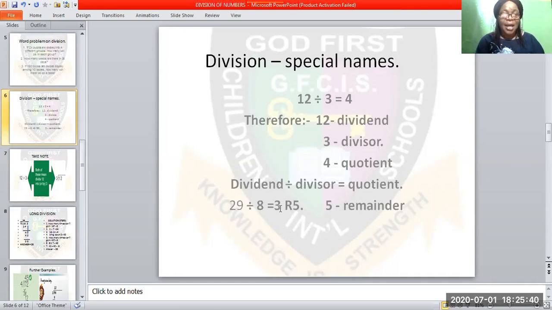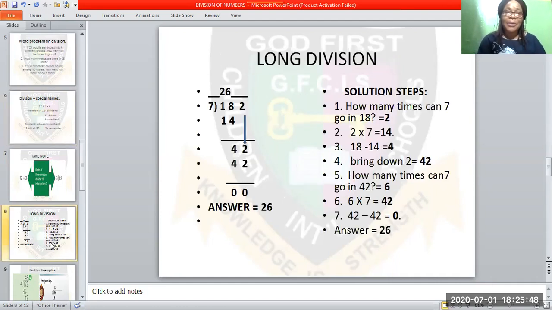Are we together? 5 then becomes the remainder. Is that clear?